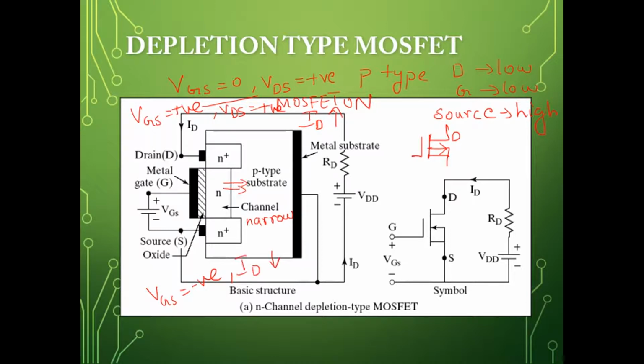So if the VGS is made still more negative, then the drain current will finally become equal to 0. In that case, you have no charges present in the channel. So all the charges will be depleted off. That is why it is called a depletion type MOSFET. So let us see the characteristics.